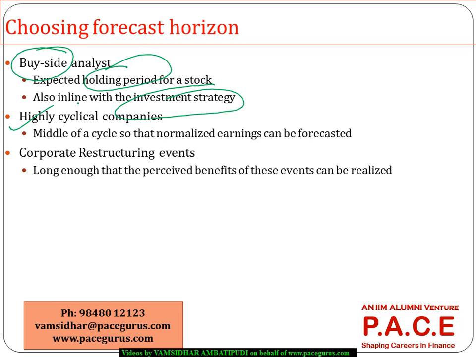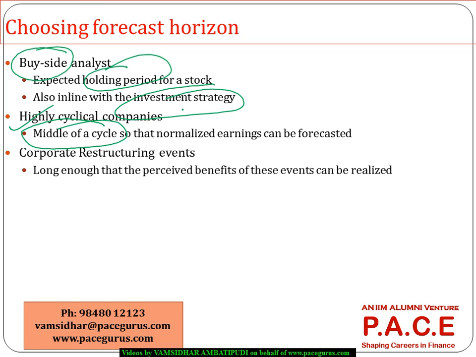But if I am looking at highly cyclical companies, especially a sector like the real estate sector, which booms very well when the economy is doing good and may not perform well when the economy is not doing well, which has a cyclical nature. In some cases, the growth rate is going to be superficially higher. In some cases, the growth rates may be pathetically down. In those highly cyclical companies, it is advised that you make a forecast until the middle of the cycle.